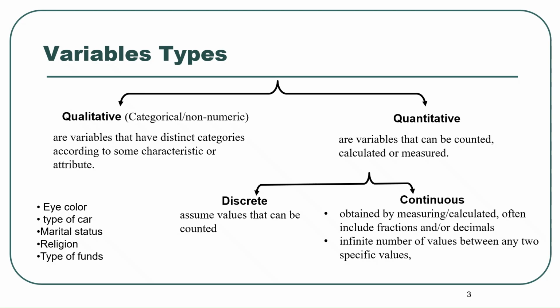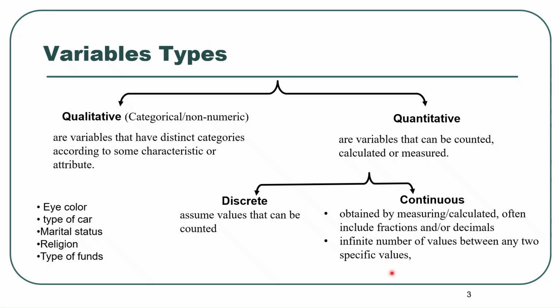On the other hand, the second type of the quantitative variable is what is known by continuous. In a continuous variable, we are assumed that between any 2 given numbers, I will have an infinite number of other values in between.